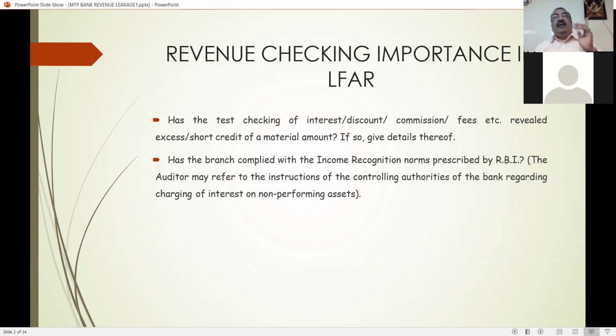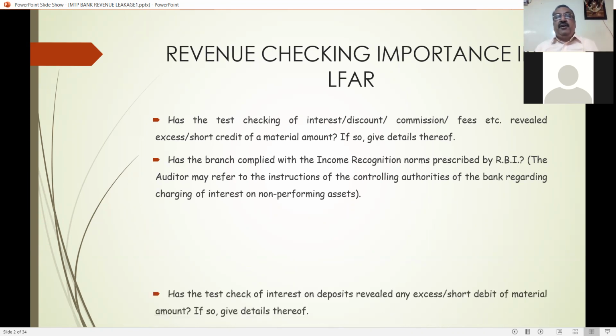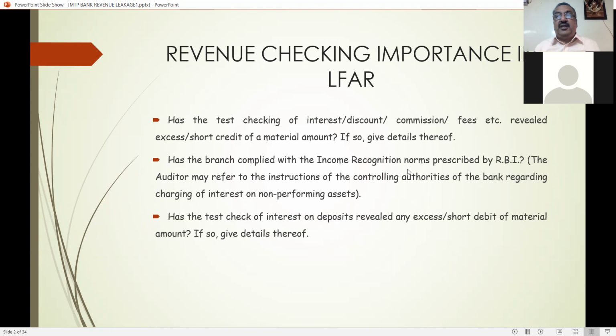So here we have already discussed NPA. So this point you have to cover here. And once you have identified an account as NPA, no further interest has to be charged in the account.